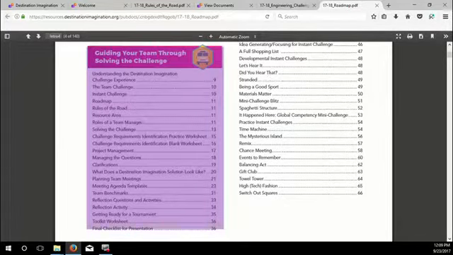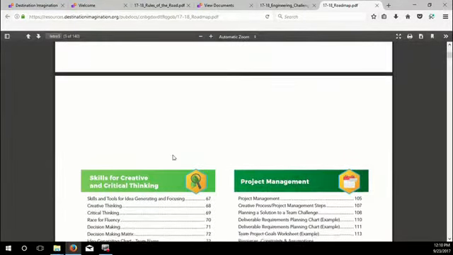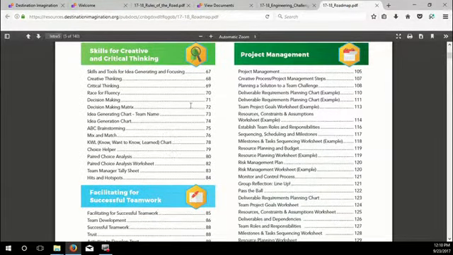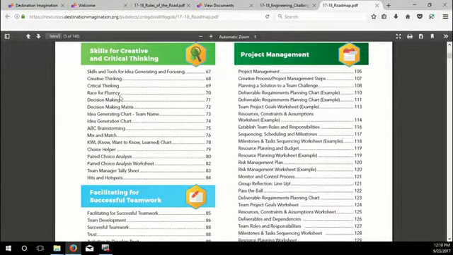There is a lot of help in here about how to structure team meetings, how to work on teamwork with your team, how to work on specific critical thinking and creative thinking tools, what the decision-making process is, and then specific tools with instructions for you as the team manager to be able to use them with your team.